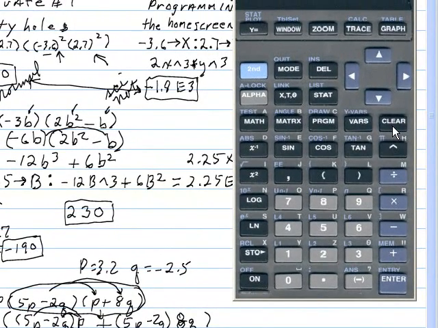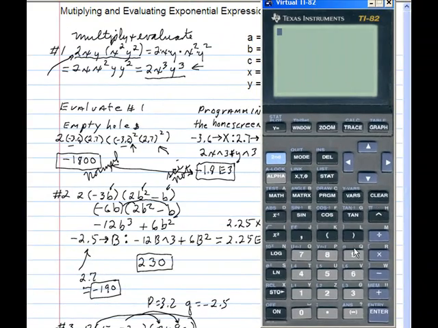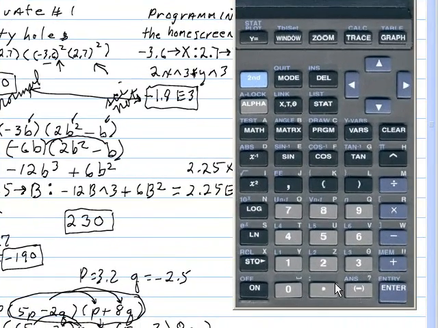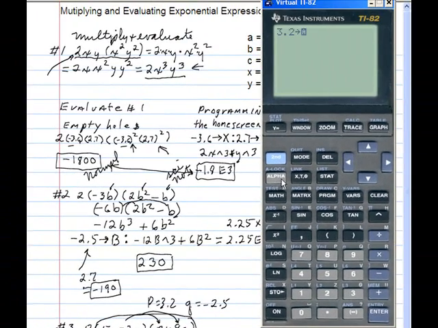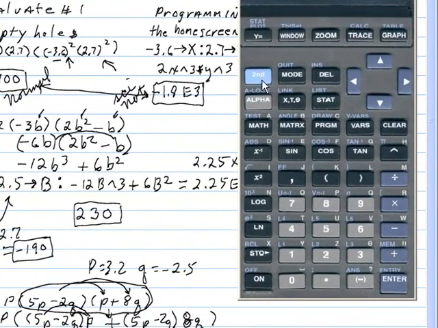Clear the screen because I've got a lot of stuff to put in it. 3.2 store to p, 3.2 store key. I look for the p on my calculator, it's above the 8, so I hit alpha 8, then a colon, second period, and then negative 2.5 store to alpha 9 this time, since q comes right after p, and again a colon, second colon.